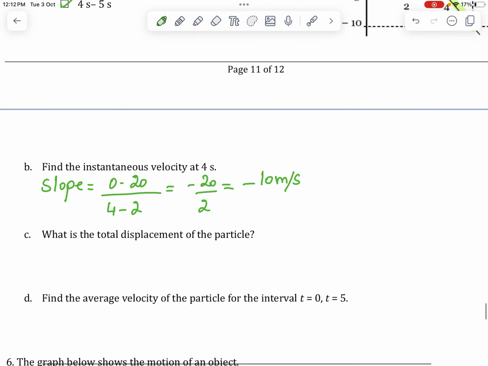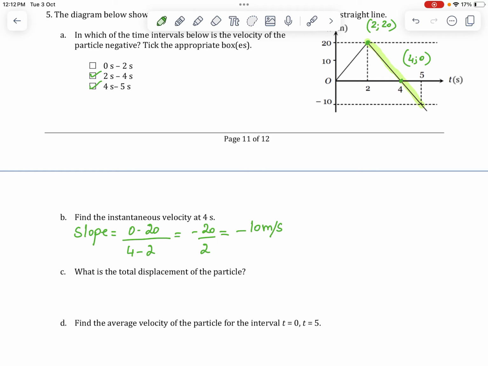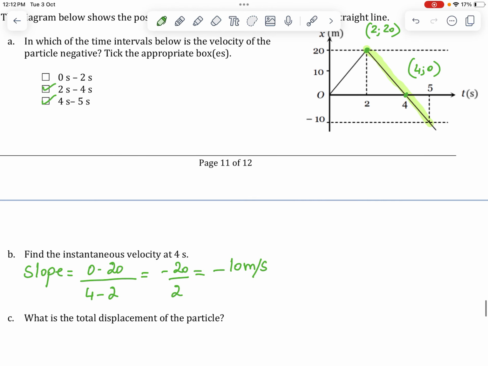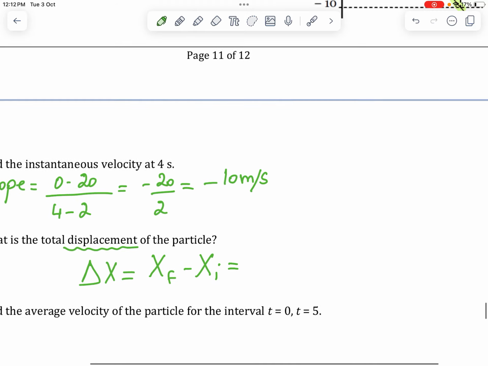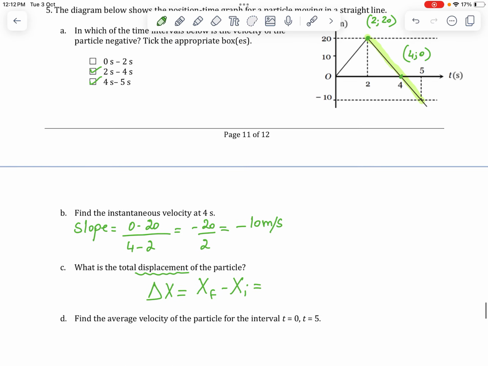What's the total displacement of the particle? Actually, it's very crucial to recall what the total displacement is. Given the initial position and the final position, I can find the total displacement.